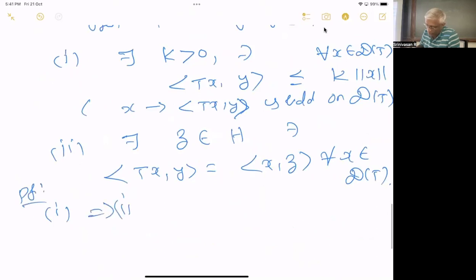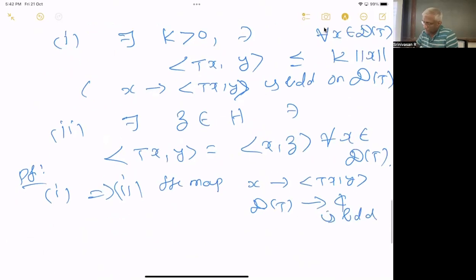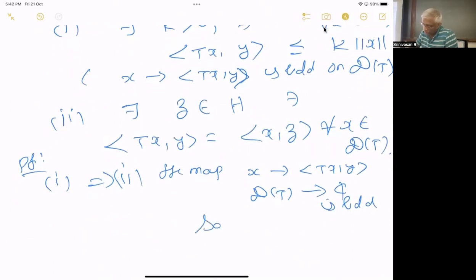Proof of 1 implies 2. The map x going to <Tx, y>, which is from D of T to C, is bounded. So it extends to H. Any bounded linear functional defined on a dense subspace will extend.